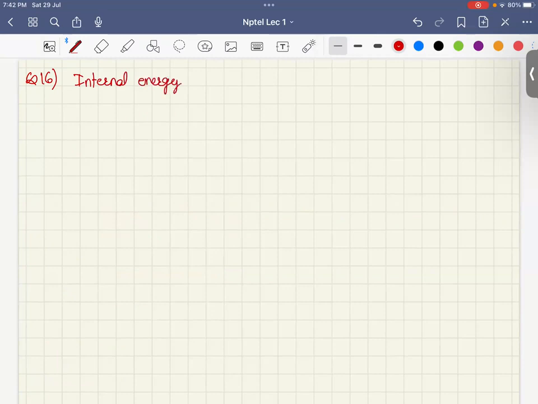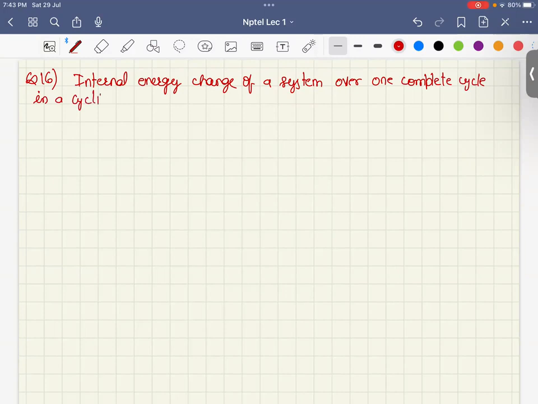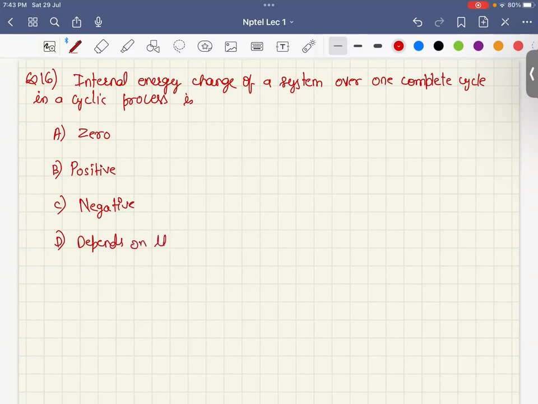The internal energy change of a system over one complete cycle in a cyclic process is: option A, 0; option B, positive; option C, negative; and option D, depends on the path.